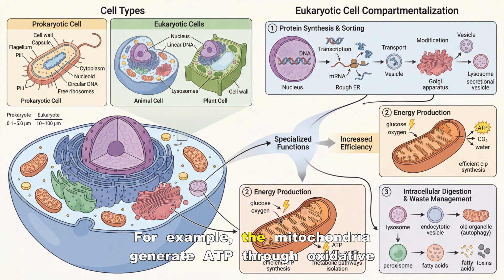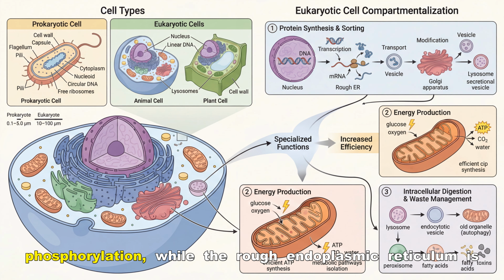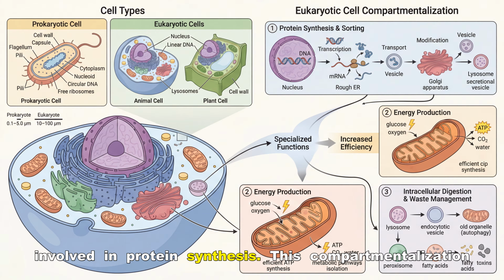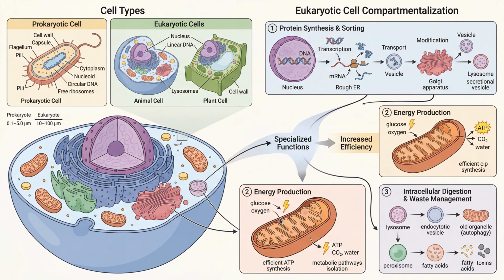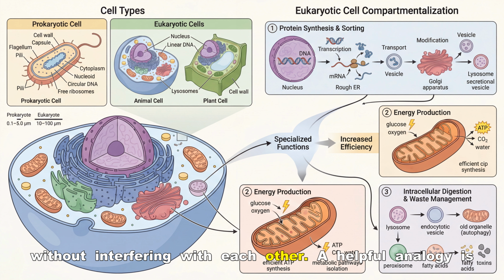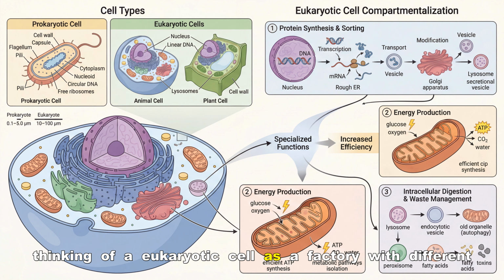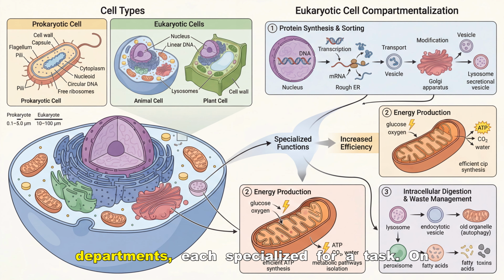For example, the mitochondria generate ATP through oxidative phosphorylation, while the rough endoplasmic reticulum is involved in protein synthesis. This compartmentalization allows incompatible processes to occur simultaneously without interfering with each other. A helpful analogy is thinking of a eukaryotic cell as a factory with different departments, each specialized for a task.